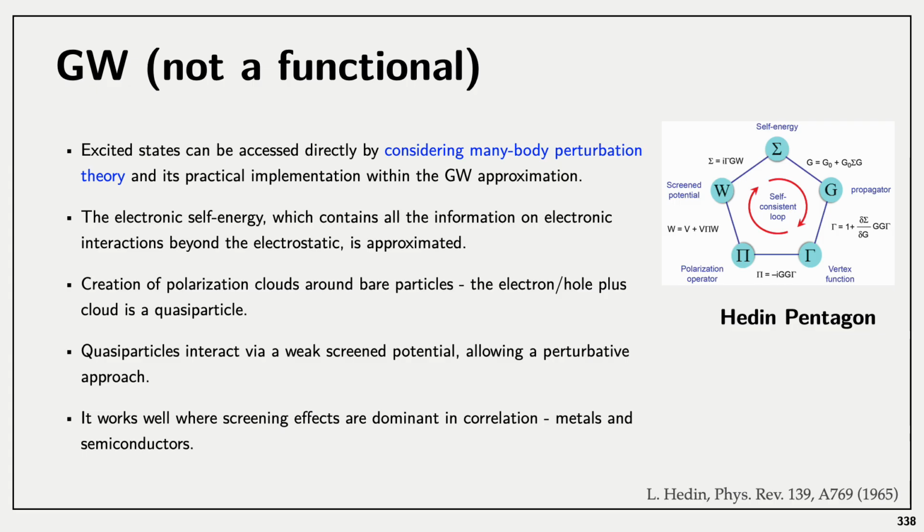GW is a perturbation theory. As you know, DFT is a ground state theory, so we can certainly, even fundamentally, not hope to represent it. However, the key word is perturbation. In a perturbation theory, you need to start from somewhere in order to do the perturbation. So the GW is a perturbation on something you know, and it turns out that the DFT result is a very good starting point for GW.